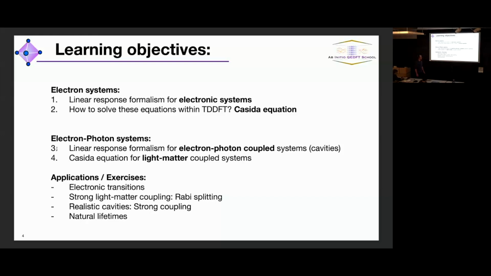In terms of exercises, in these notebooks, we first look at electronic transitions only. This gives us information about the electronic structure, which we want to calculate, and also helps us learn more about linear response theory. But it also serves another purpose: if we want to couple the cavity, the question is where do we have to couple to?